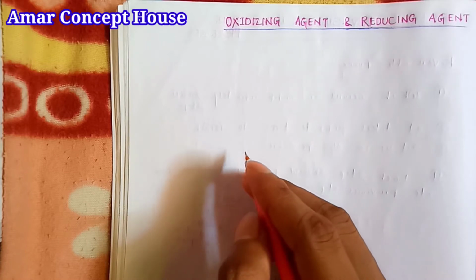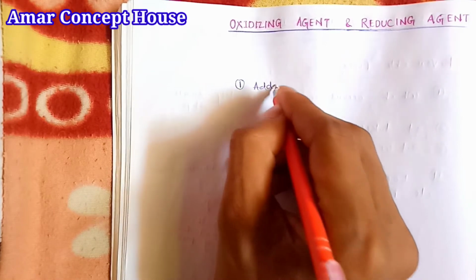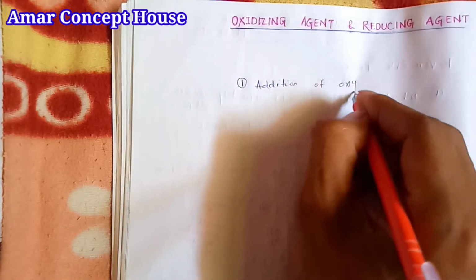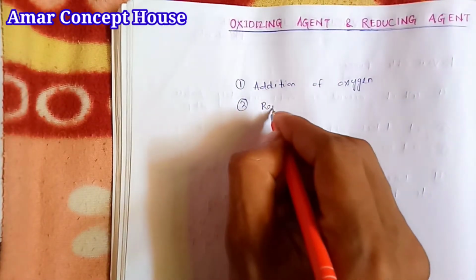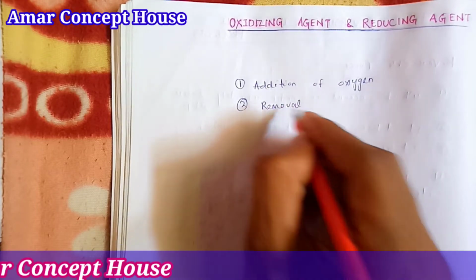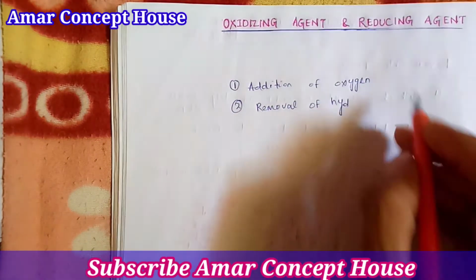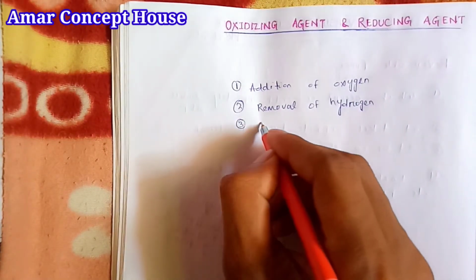Before starting this, you should remember these 3 points. Simply, oxidation is addition of oxygen, removal of hydrogen. The second point is removal of hydrogen and losing of electrons.